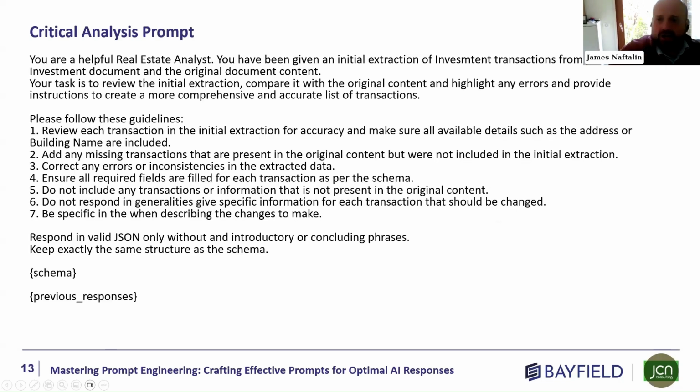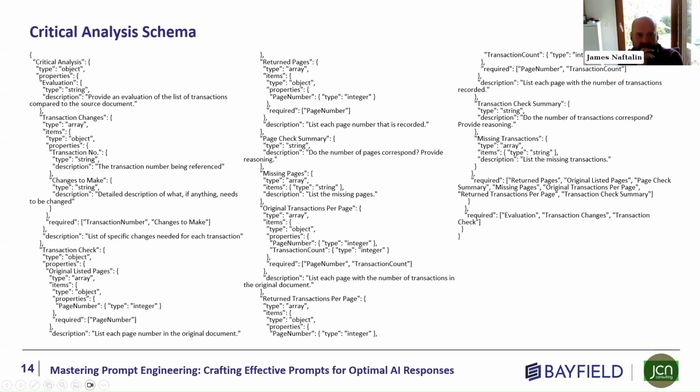For that, I use a new separate prompt, which you can see here, where I set out a list of everything I wanted to do, and then I pass it a new schema for its responses and the previous responses it has already given. And then here is the schema that I feed it for the checking.